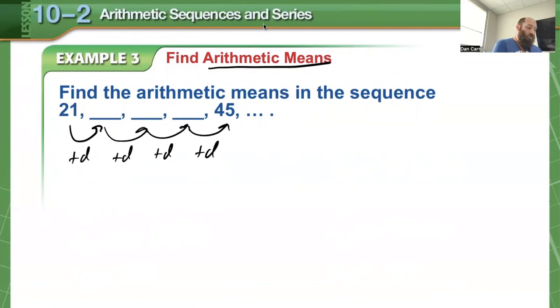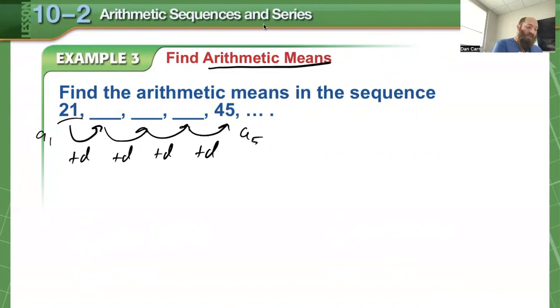Okay, so what I have is a sub 1, and then this is going to be a sub 2, a sub 3, a sub 4, and a sub 5. So what's happening here is we're adding up that many common differences.